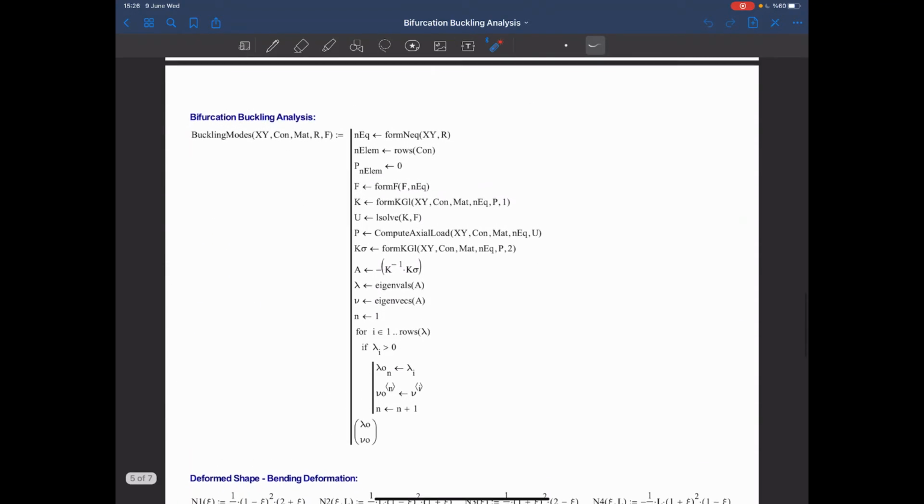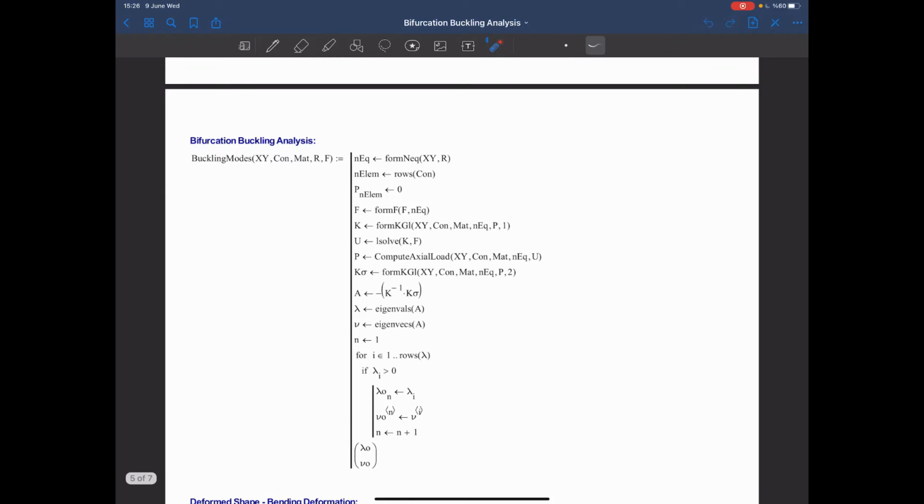Now the bifurcation buckling analysis. Again, the start is exactly the same as the linear analysis. Number the equations, form the force vector, obtain the linear stiffness matrix. Remember that the flag is equal to 1, so this is the elastic stiffness.